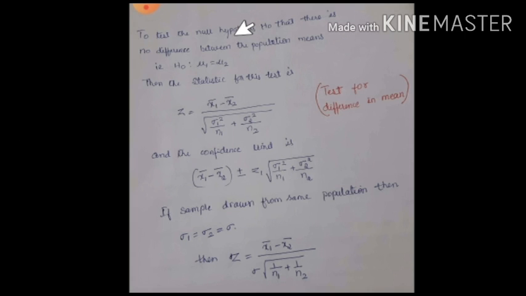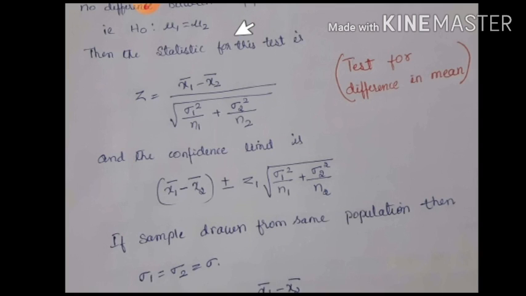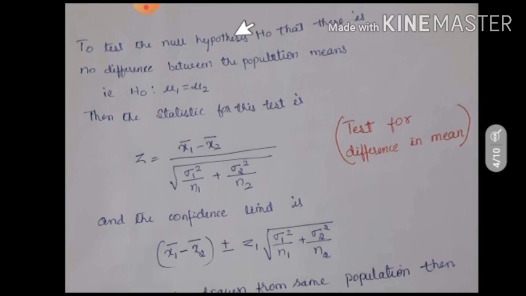To test the null hypothesis H0 that there is no difference between the population means, that is mu1 and mu2. If I am testing that, then the z value is calculated as x1 bar minus x2 bar divided by square root of sigma 1 square divided by n1 plus sigma 2 square divided by n2. Let me repeat it.